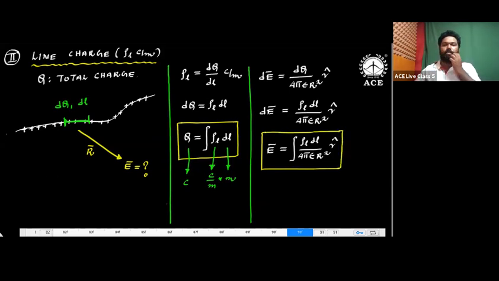Line charge. Let me turn the page. Charge distribution may happen over the surface. Number 3. You can call this a surface charge density, or simply you can call it a surface charge. Clear? Yes. So you can call it surface charge.